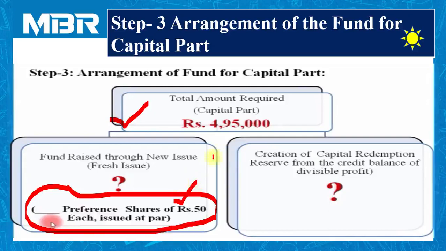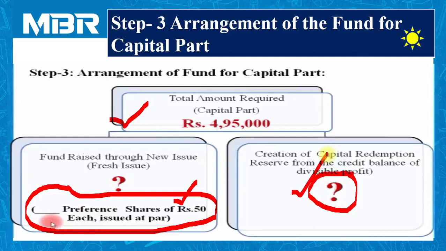If we are not aware of the number of preference shares issued by the company and the amount collected by the company using a new issue, it is very difficult for us to calculate the amount transferred by the company to CRR, that is Capital Redemption Reserve.